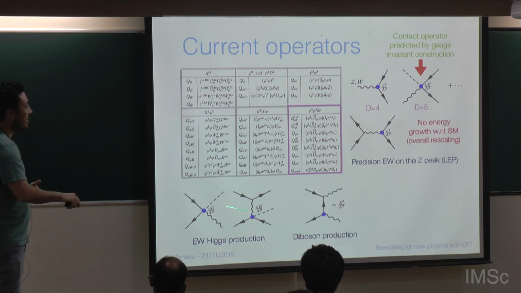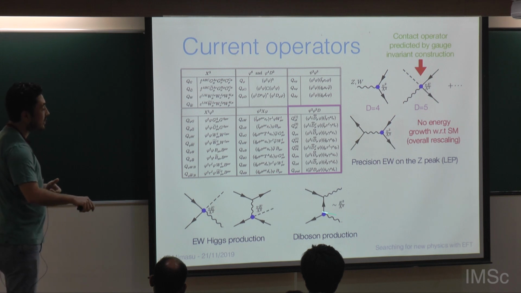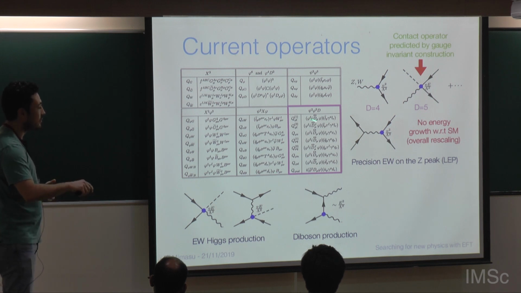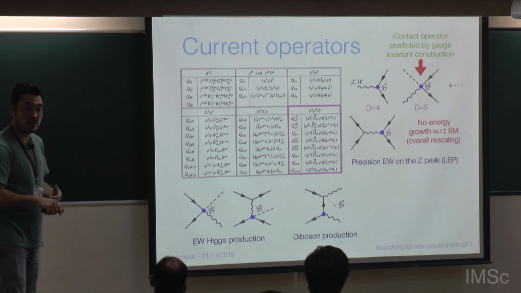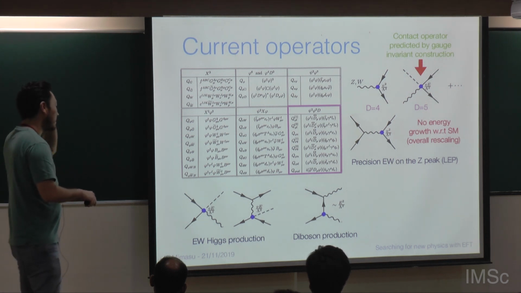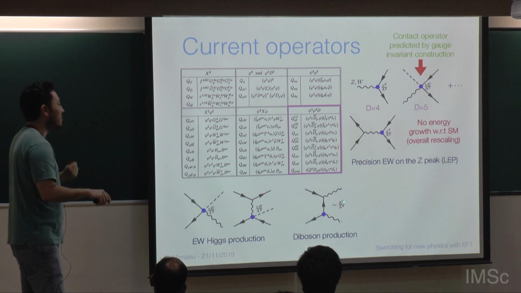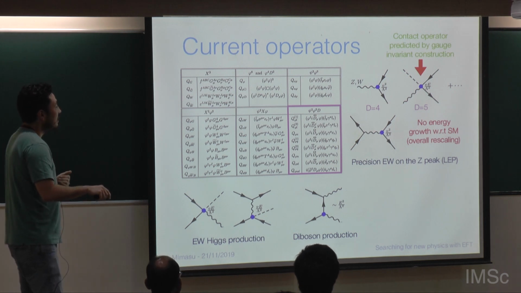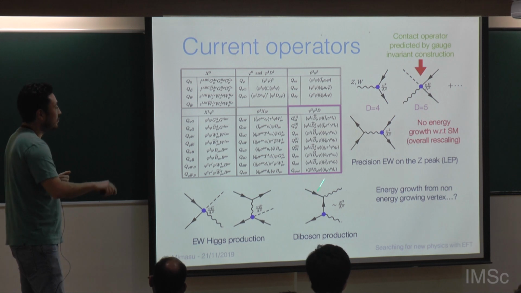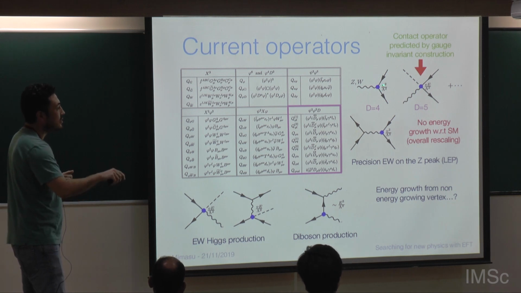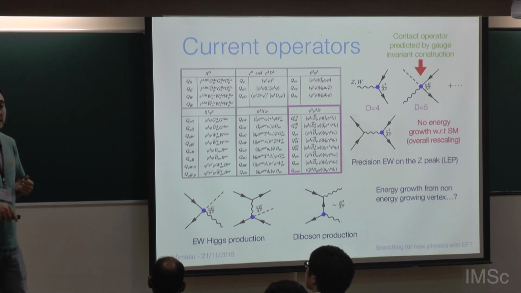So that's very interesting. And it turns out that if you look at diboson production using these operators, the cross-section actually grows with energy, with the power of E squared. No, the amplitude, sorry. And this is strange, right? Because you're using this non-energy growing vertex, but you're obtaining energy growth in the 2-to-2 scattering amplitude.